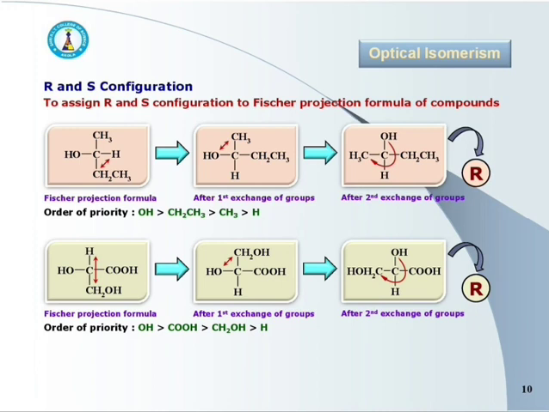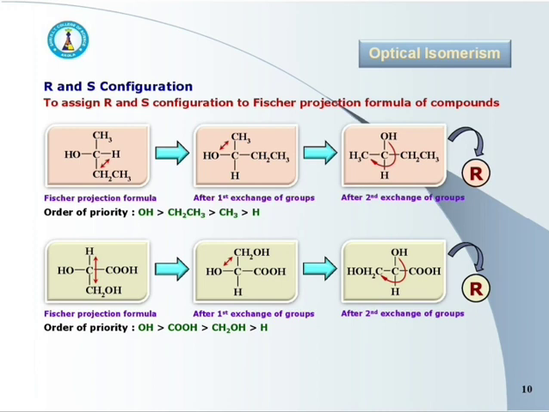OH first priority, CH2CH3 second, CH3 third and hydrogen fourth priority. Here we have to bring the lowest priority hydrogen at the bottom position. So we have to carry out an even number of exchanges between the groups. That is 2, 4, 6 exchanges.